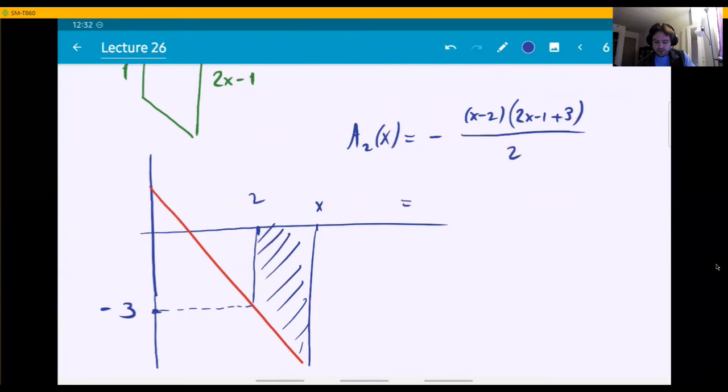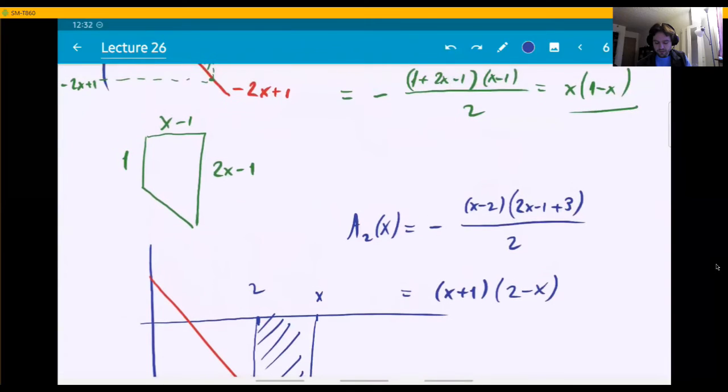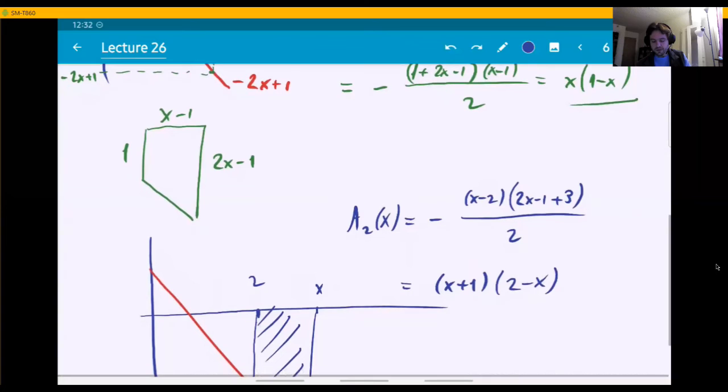Now you calculate this, you have 2x plus 2 this time, so x plus 1 after divided by 2, and times 2 minus x. Those are the functions a1 of x and a2 of x, which I can probably distribute so we write them as polynomials.